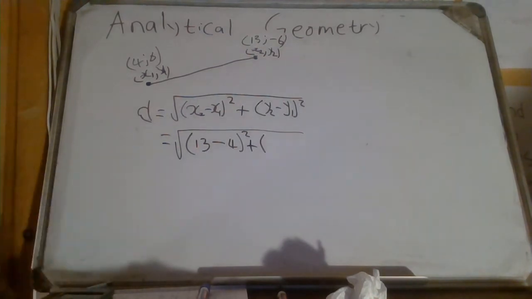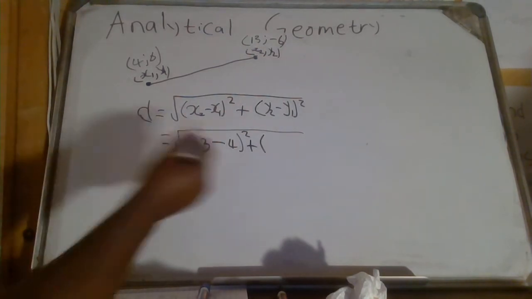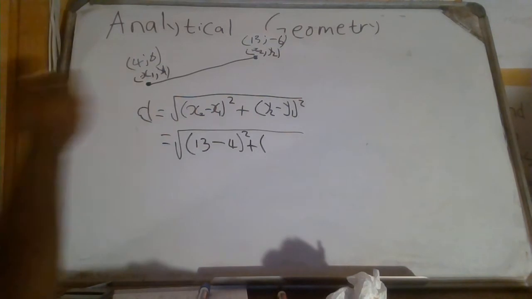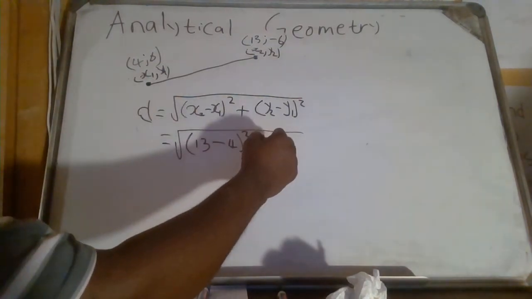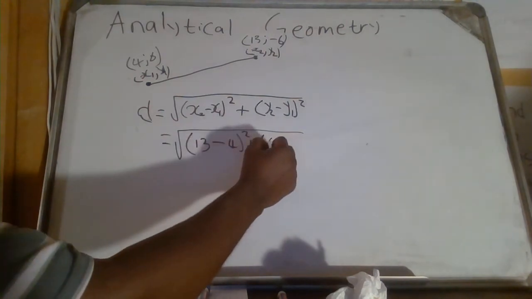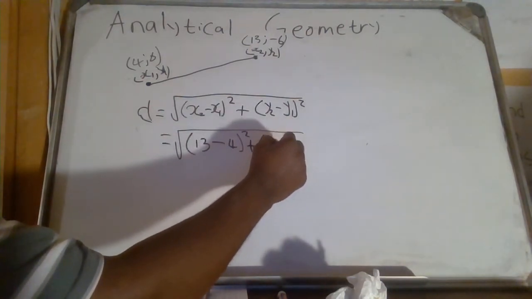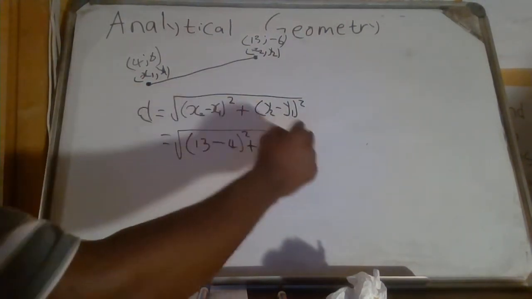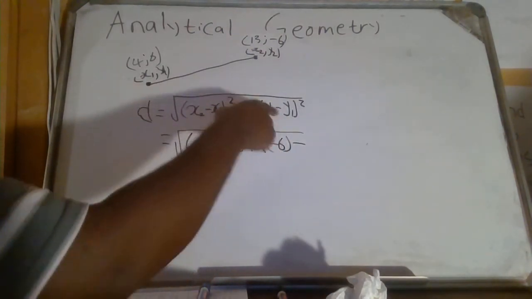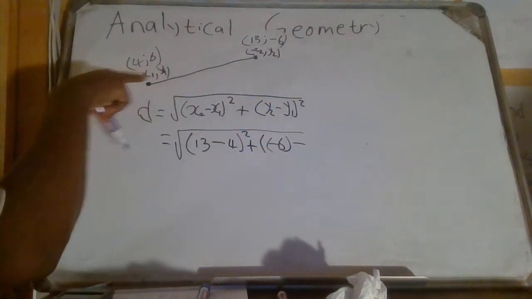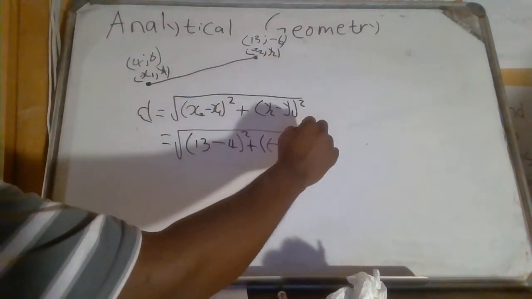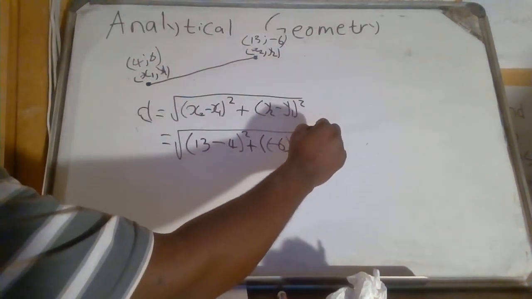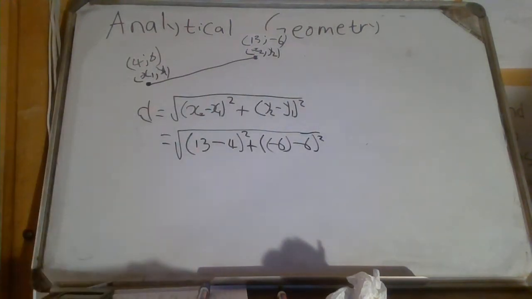When you substitute a number that is negative, beside the bracket that was already there, you must put another bracket to accommodate the negative number, and then put negative 6. Then close that bracket, and then minus, because there is a minus here. And y1, where is y1? y1 is 6, so you put this 6 here, and then you close this bracket, and then you put squared here.